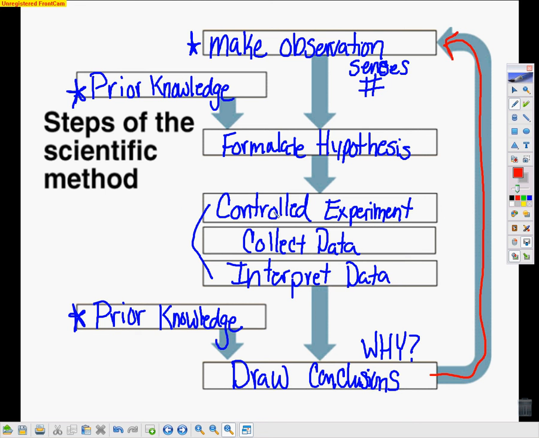The scientific method and the steps of the scientific method is circular, and that's what you have to keep in mind when you do this process. You're constantly making more observations, formulating new hypotheses from the conclusions that you draw. This process never has an endpoint to it. And the example that I like to use is our medicines.